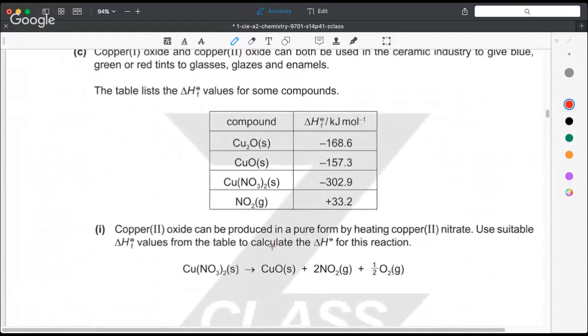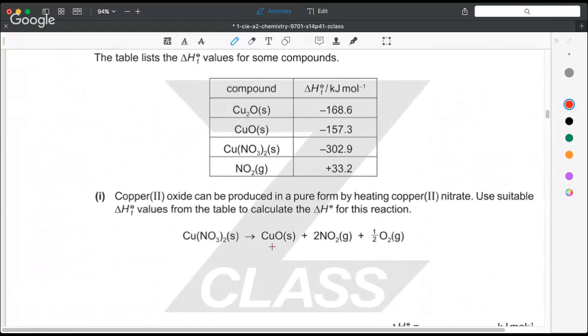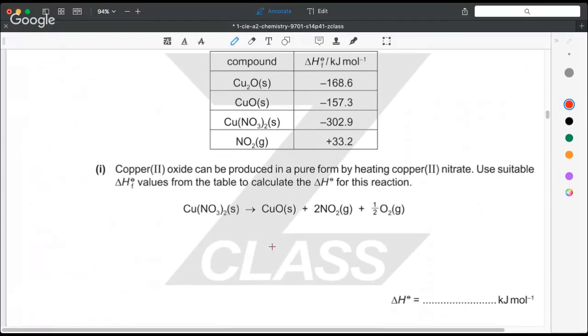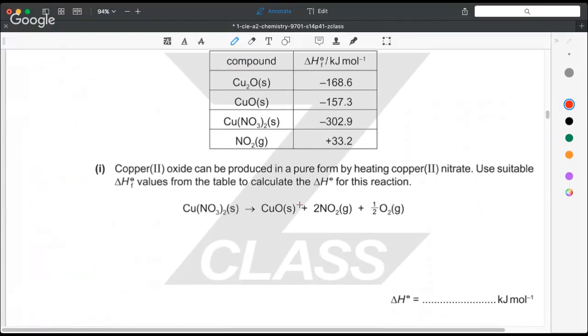Still continuing about copper, we've got some values in the table there, and we want to know, don't we, the enthalpy change for this reaction. So the easiest way to do that is to just draw a little cycle. Those are all their elements in their standard states, and that arrow would be the standard enthalpy of formation of copper nitrate, wouldn't it?